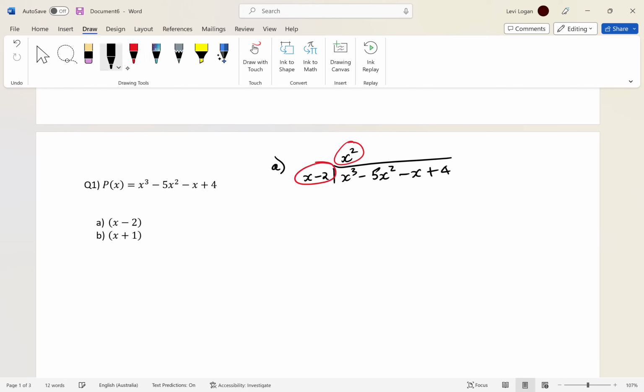So that's going to be x squared times x minus 2, right? So all we're going to do is distribute this, so that we're going to have x cubed minus 2x squared, right?